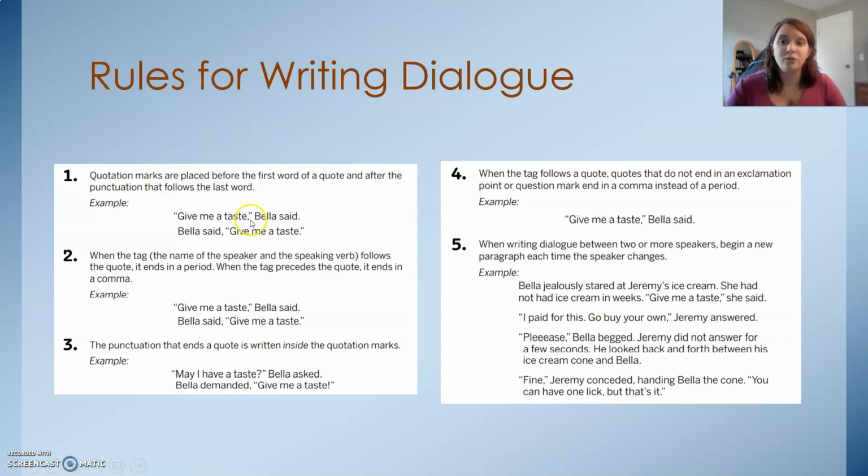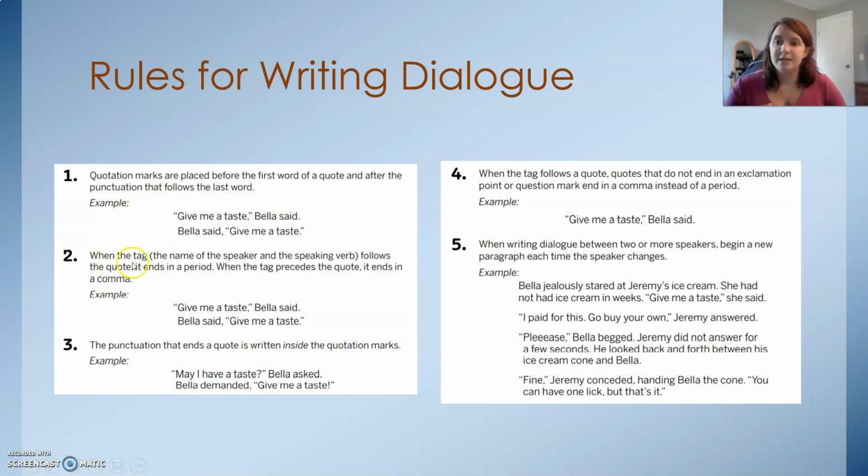And it should go after, so right here you see this comma here, the quotations go after that punctuation mark. Now this sentence is exactly the same. All they did is flip it the other way where we have the tag first. Same thing, as soon as that's the first words that she was saying, the quotation goes there, and it goes after when the quotation stops, after the punctuation.